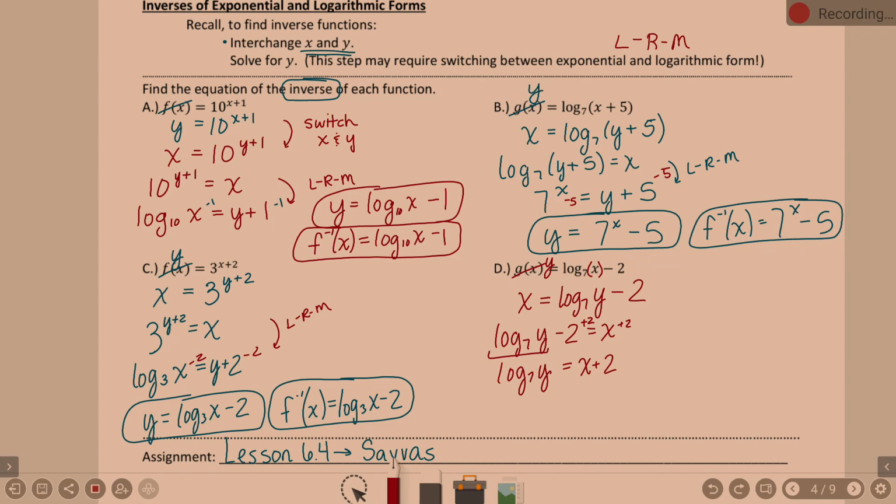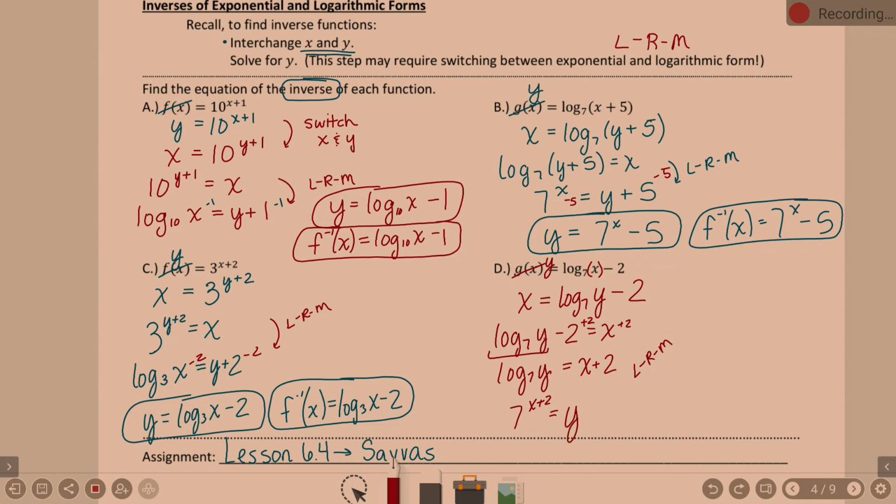Now to get it out of log form and get access to the y, now I'm ready to talk left, right, middle. So how's this going to read? The left of 7 raised to the x plus 2 is equal to the middle of y.